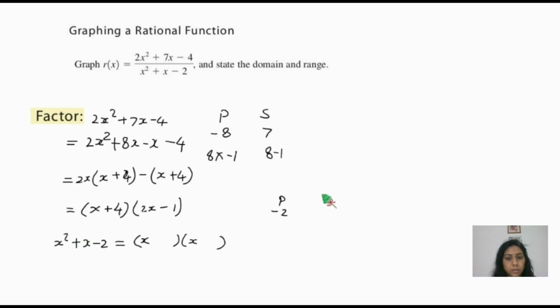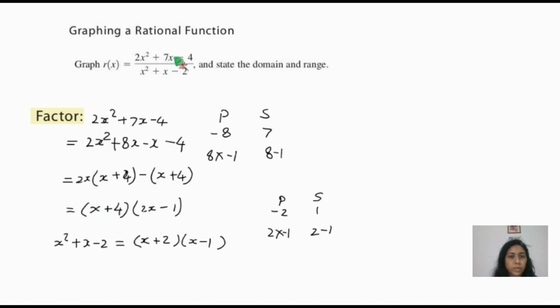The coefficient of x is 1. So we have to choose two numbers whose product is minus 2 and sum is 1. So 2 times minus 1 is minus 2, and 2 minus 1 is 1. So plus 2, minus 1.